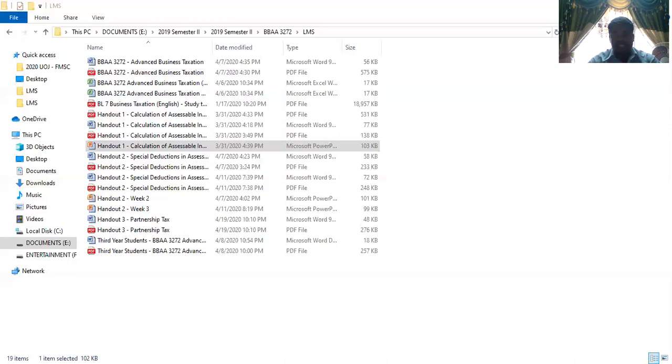Allowed expenses I discussed with some example. Allowed income I discussed with some example. Disallowed expense I discussed with some example. Disallowed income I discussed with some example. So these are the things I wanted to discuss.